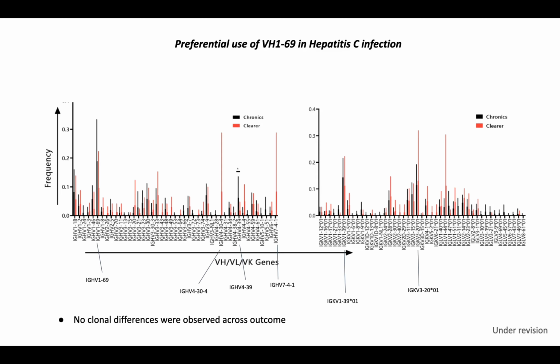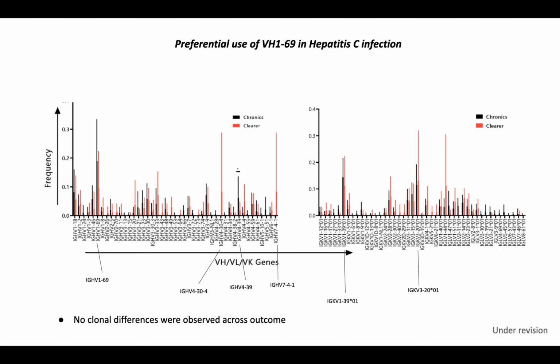And if we see the overall use, for example, VH169 is highly used in hepatitis C infection, as well as VH118 and VH333. In the case of light chain, we see higher use of kappa chain 139 and 320 as well as 144.